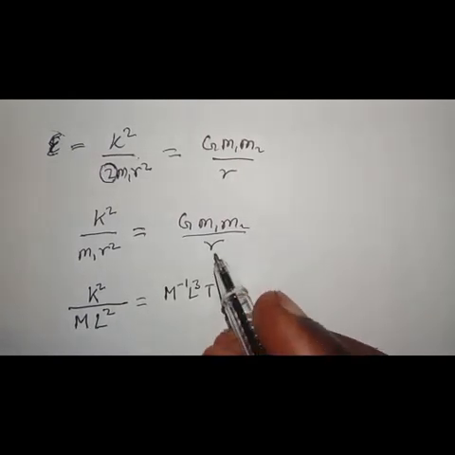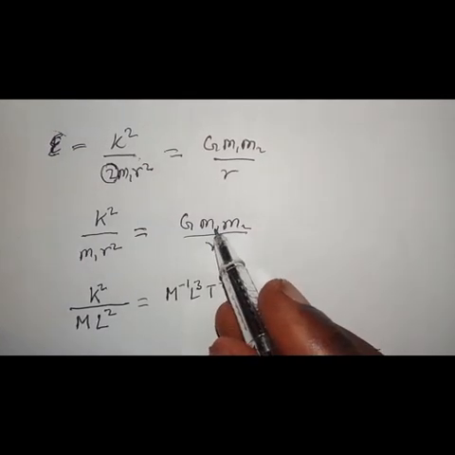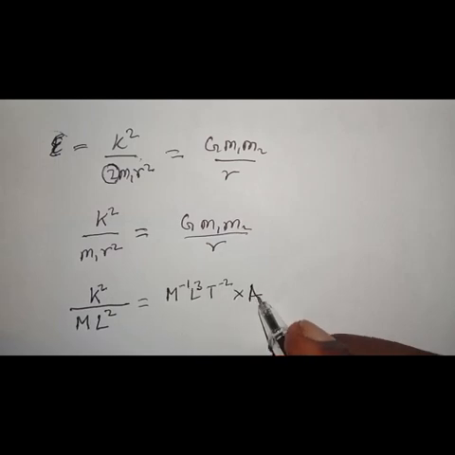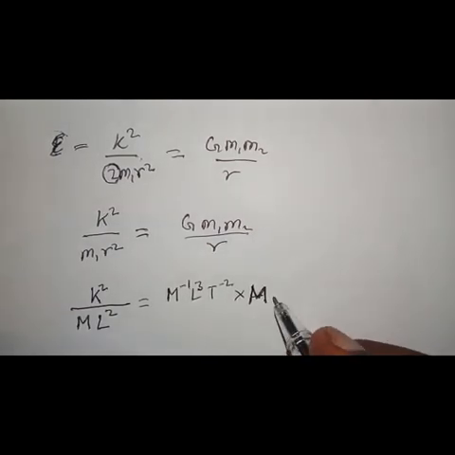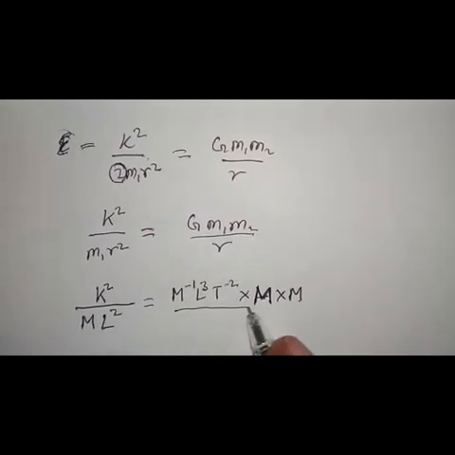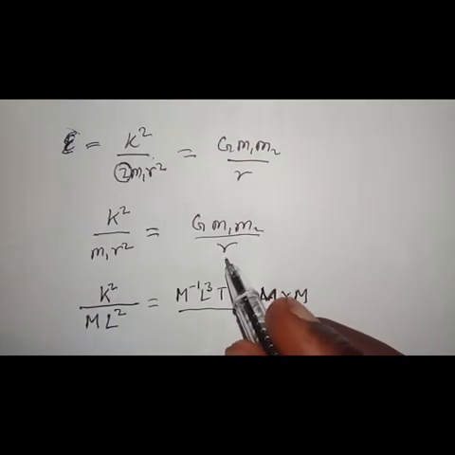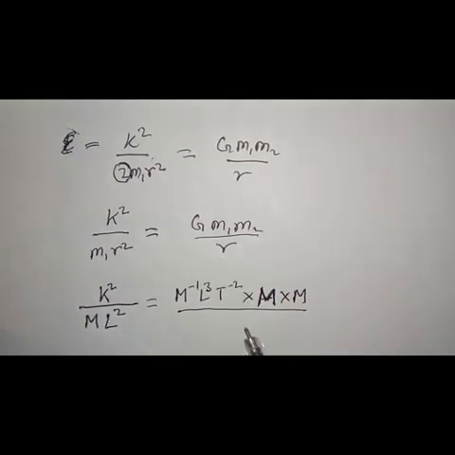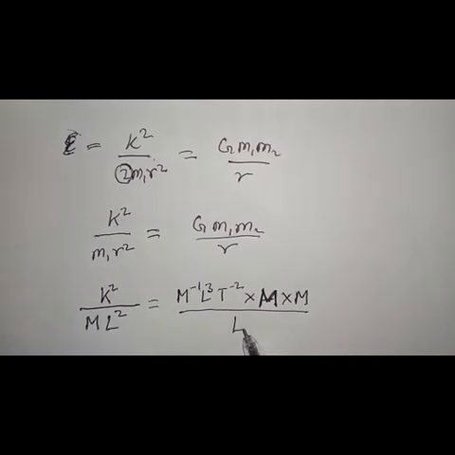Then we multiply it by the dimension of m1, which is M because it's mass. The dimension of m2 is also M because it's also mass, divided by r, and r is distance, so the dimension of r is L as well.